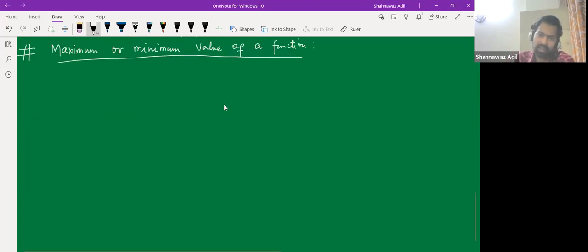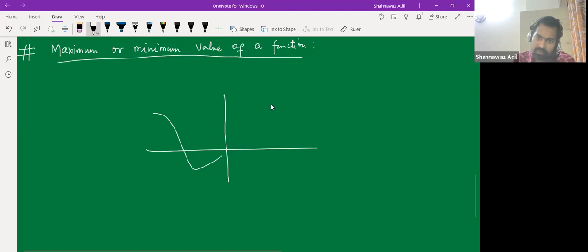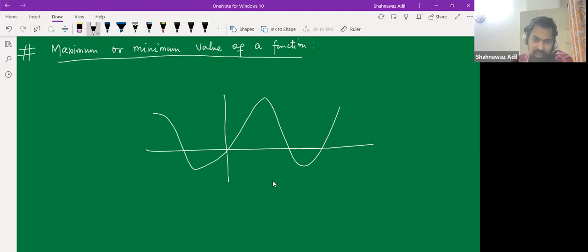Let's say that you have a function which is going like this, some function. If I ask you guys how many minimum and maximum values there are for this function, can you guys tell?